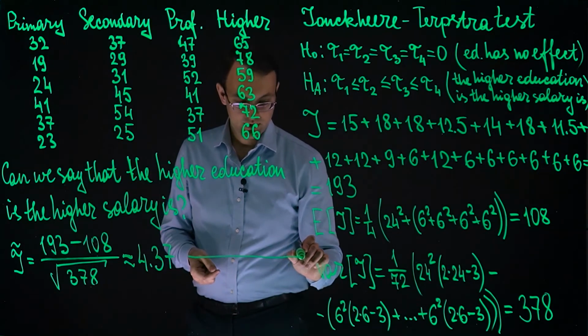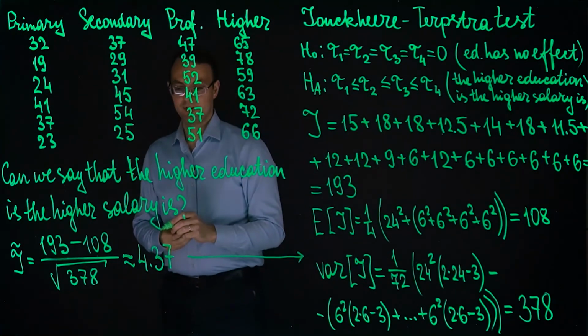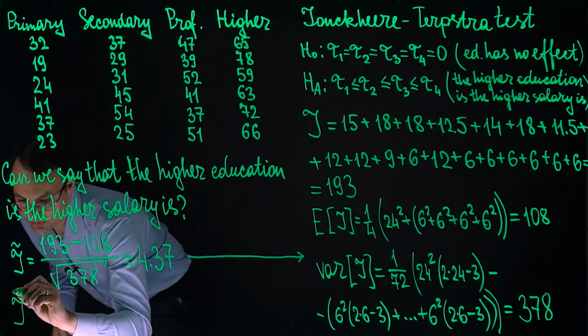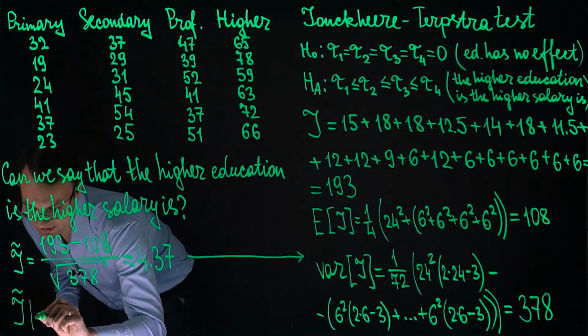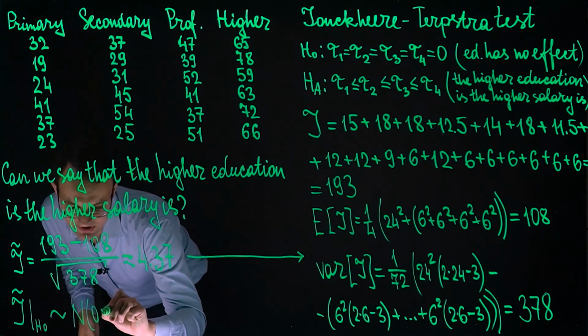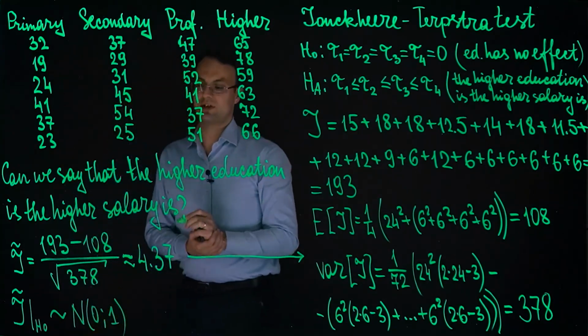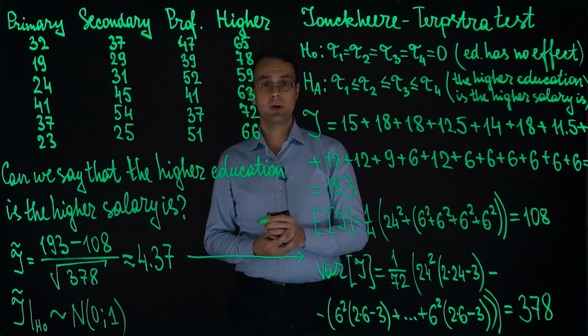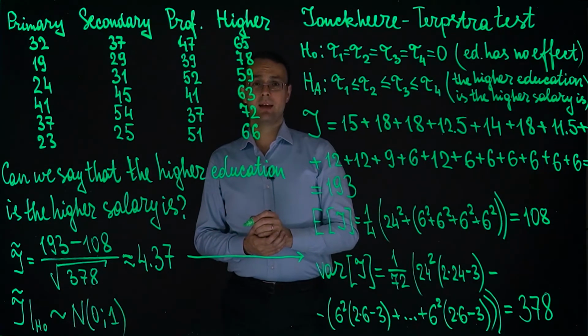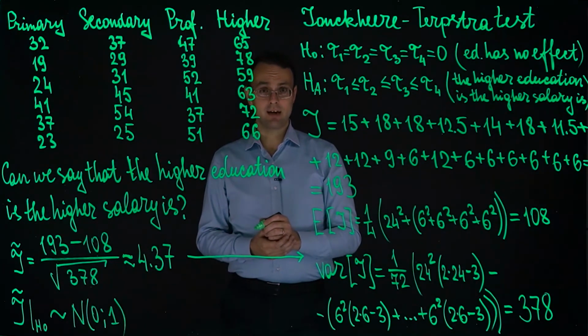So we know that under null hypothesis, we assume normal distribution for J tilde. By the way, for samples of such small size as we have, so we have only 24 observations, frankly speaking, this is not enough.